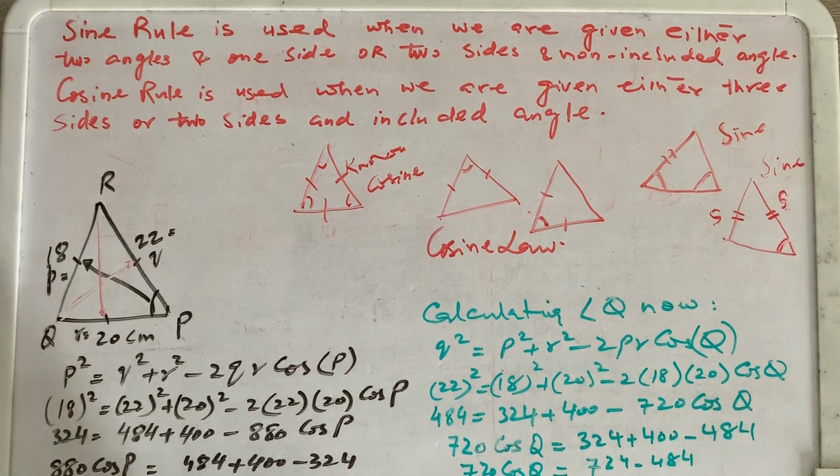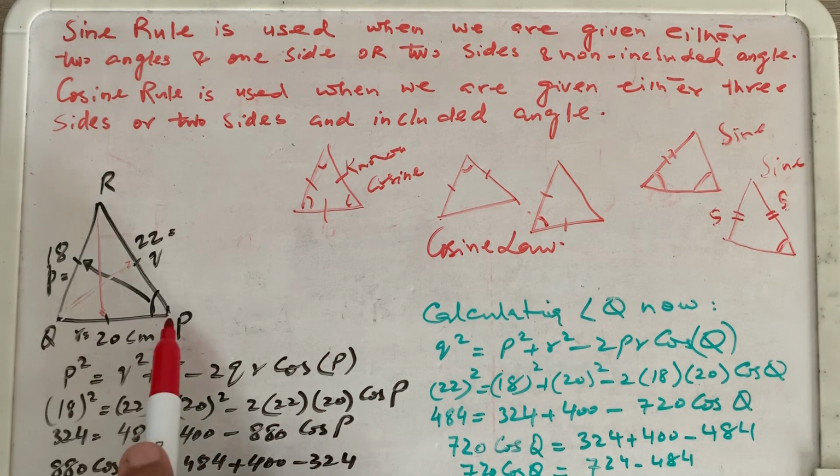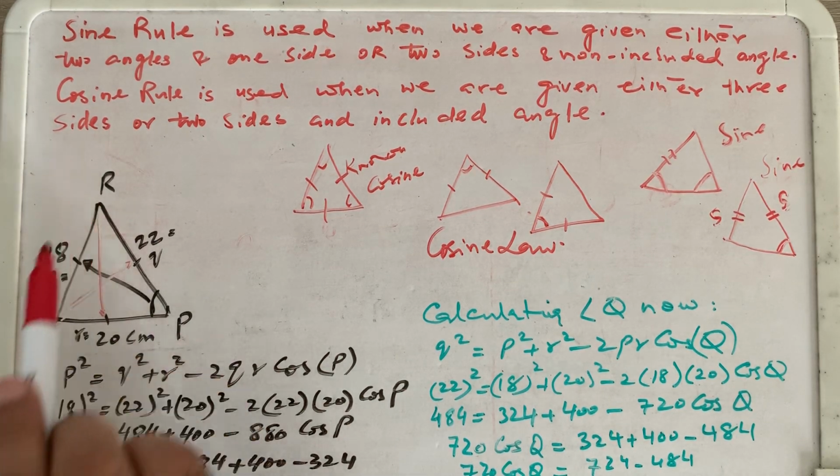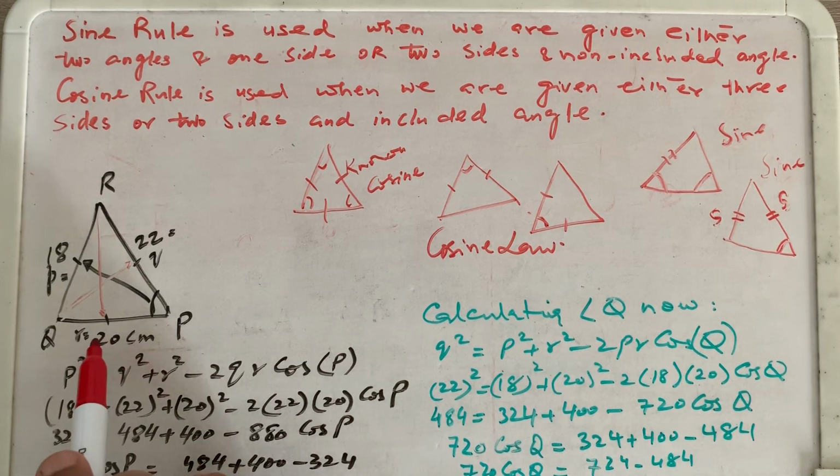You have to take care of this every time: the vertices are the capital letters, which indicate the angles, angle Q, angle P, angle R, and the side opposite to each angle is the lowercase letter.